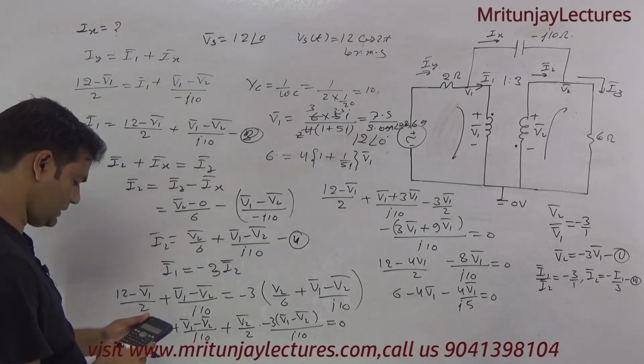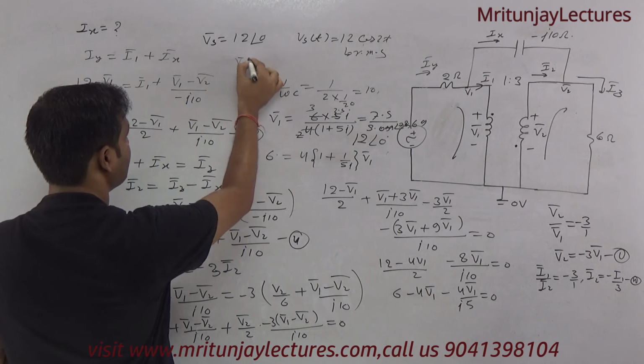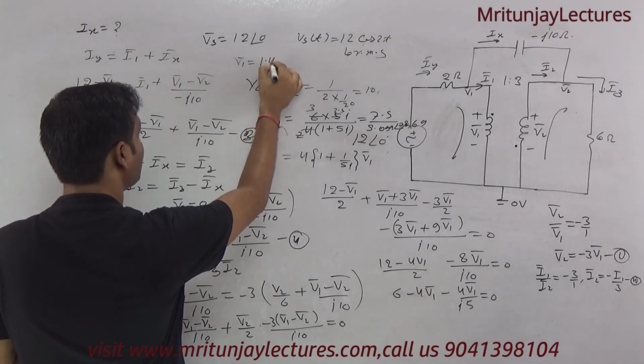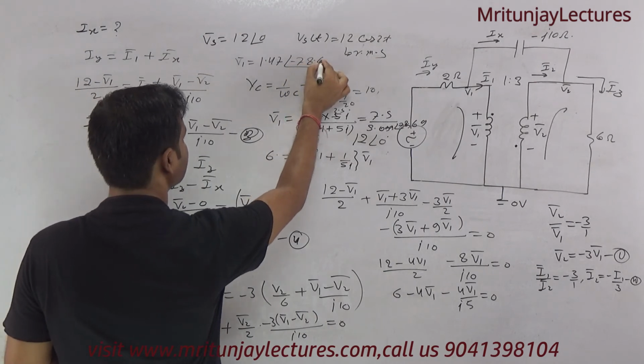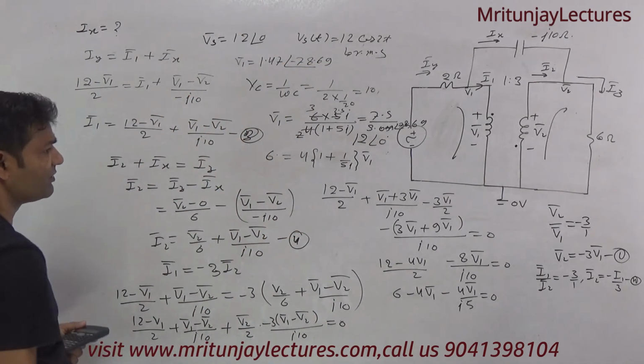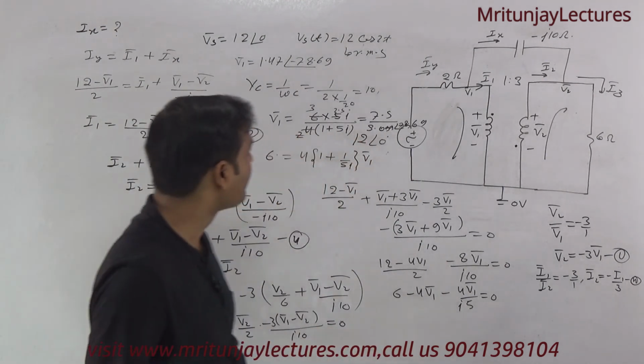Finally 7.5 divided by 5.099 is 1.47, so V1 will be equal to 1.47 at the angle minus 78.69.